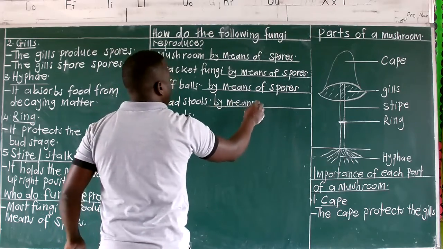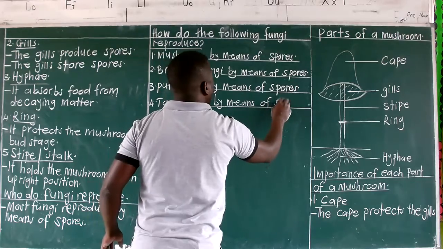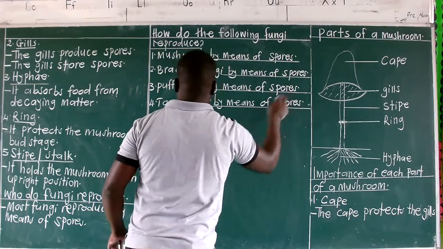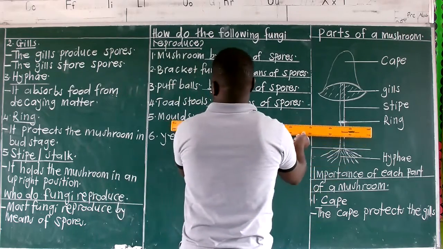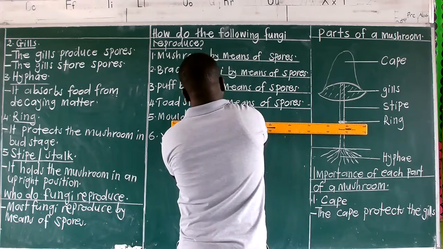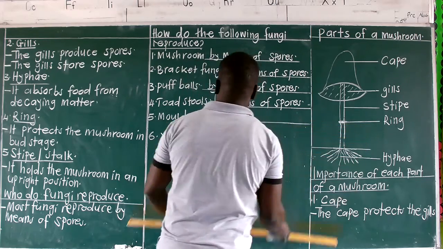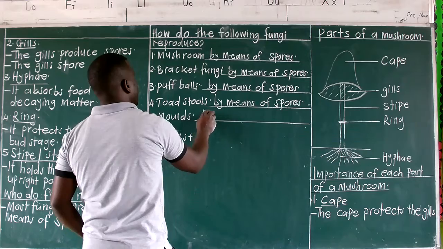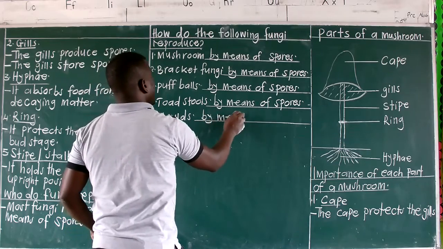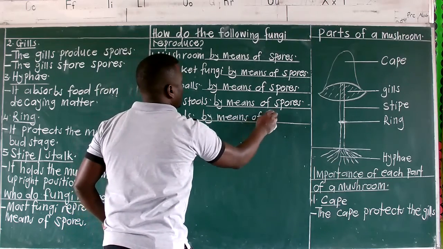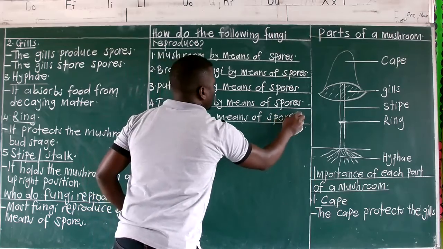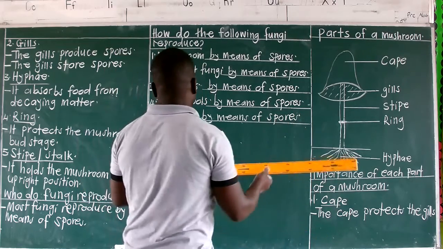Toadstools reproduce by means of spores. How do molds reproduce? Molds reproduce by means of spores. Then lastly, yeast.